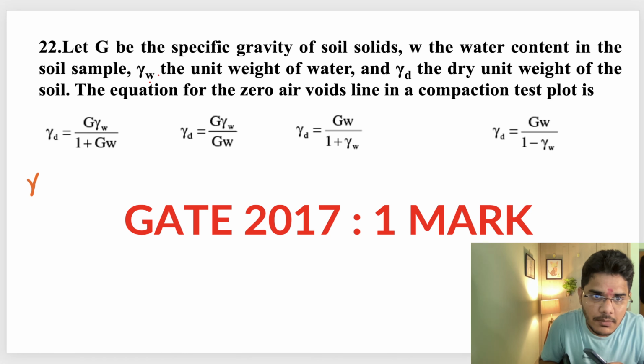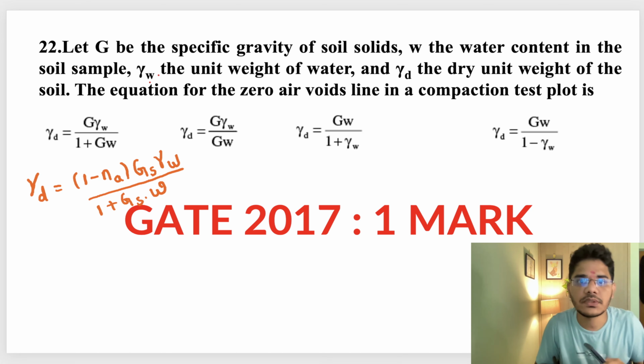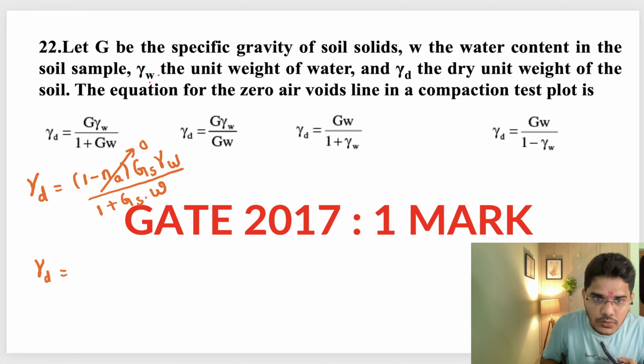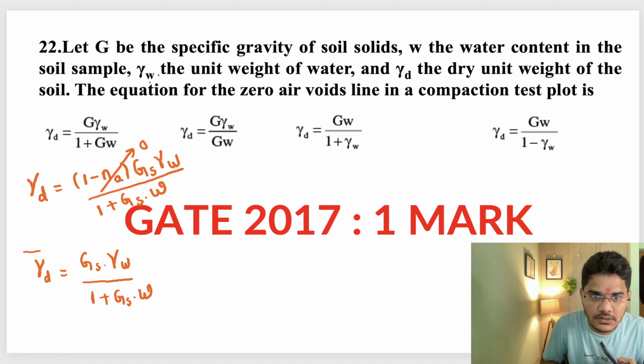Gamma D is equal to, in terms of percentage air voids, where na is the percentage air voids, 1 minus na into Gs gamma W divided by 1 plus Gs into w. Here zero air voids means na will be 0. If this is 0, then gamma D is equal to Gs into gamma W divided by 1 plus Gs into w.